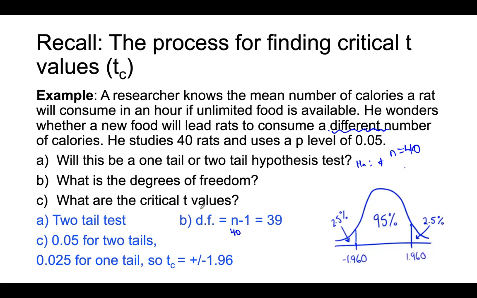What are the critical t values? If we draw our little sketch here, we know our p level, or basically our alpha, is going to be 0.05. And we know it's two tails, so we're going to have a tail here and a tail here. So 95% is going to be in the middle.